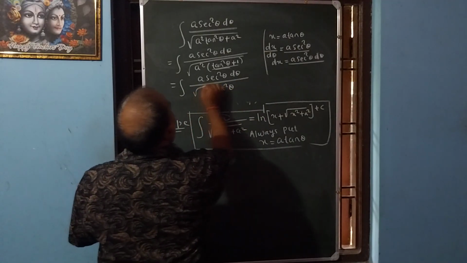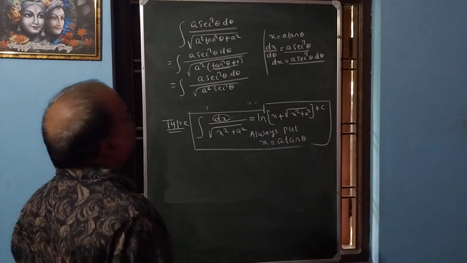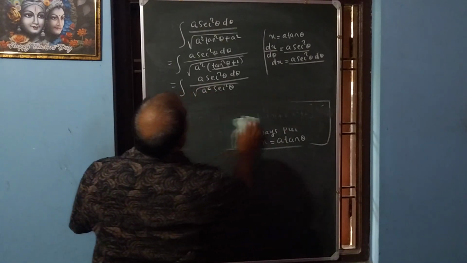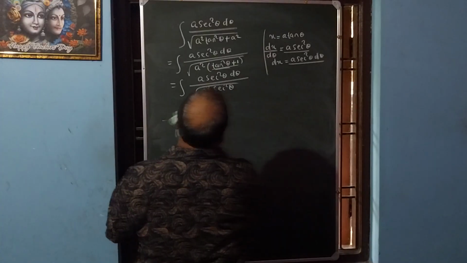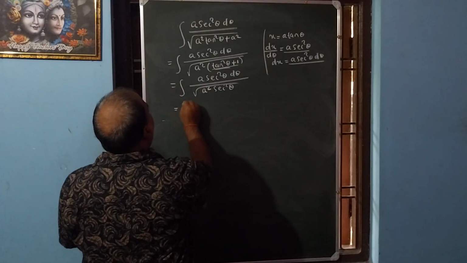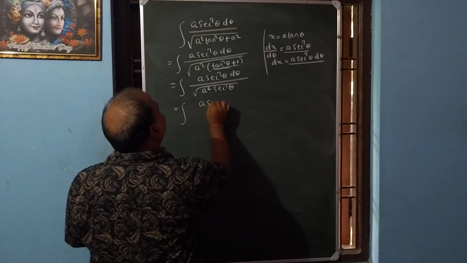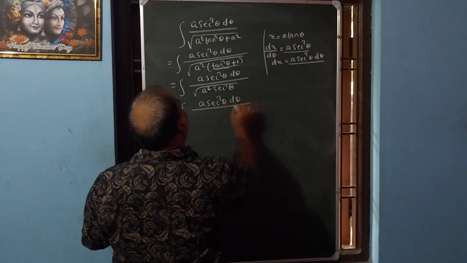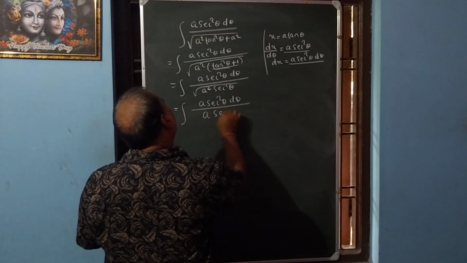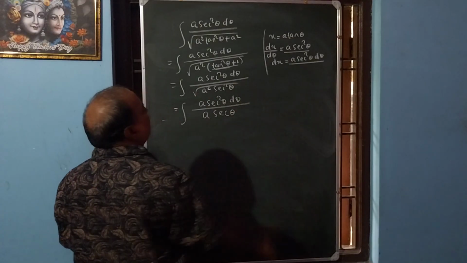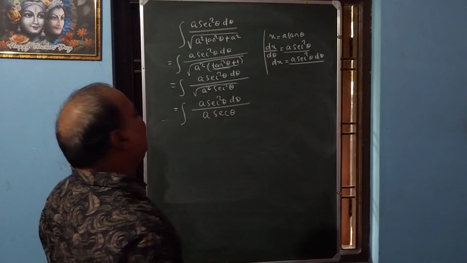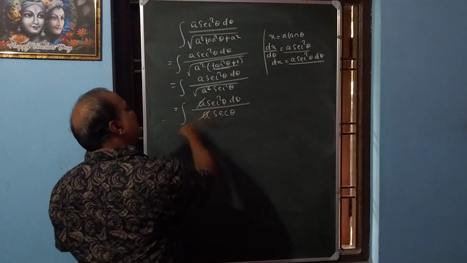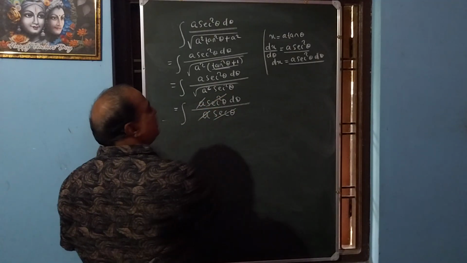Okay, root over a square sec square theta. So now we get integration of a sec square theta d theta divided by a sec theta, because root over of a square sec square theta, the result will be a sec theta. So a is cancelled, sec theta cancelled with the numerator.